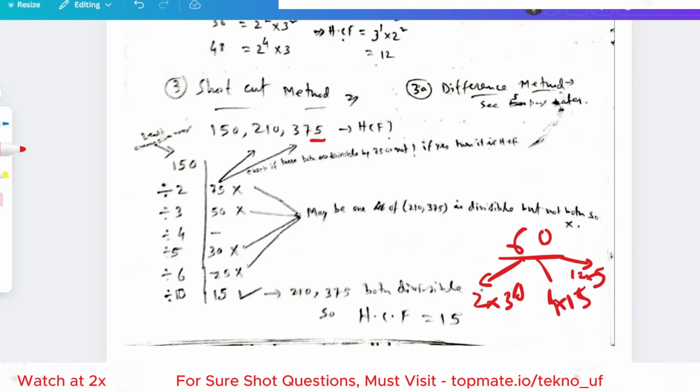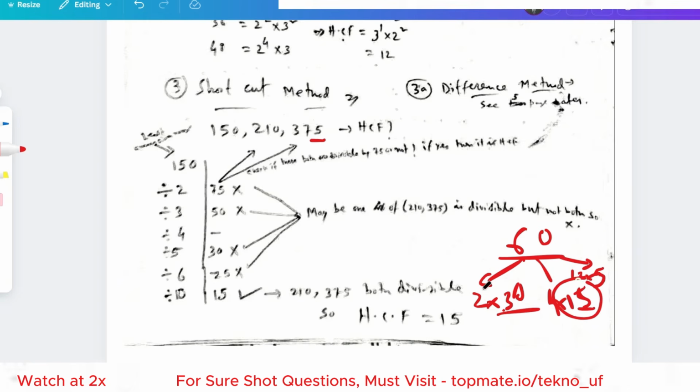So we can write this in different ways. Just check if this number 30 can divide all. No. If 12 can divide all. No. If 15 can divide all. Yes. So this way you can also calculate the HCF.